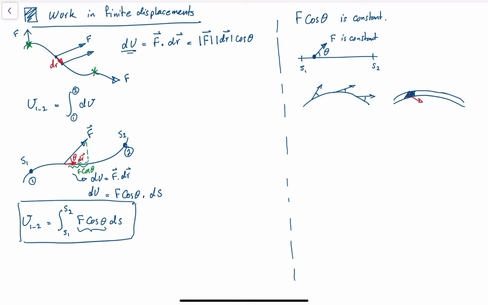Always the force that is pushing it is going to be the same amount and at the same angle. But anyway, if F times cosine of theta is constant, the integral of dU from 1 to 2 becomes F cosine of theta times (s2 minus s1).